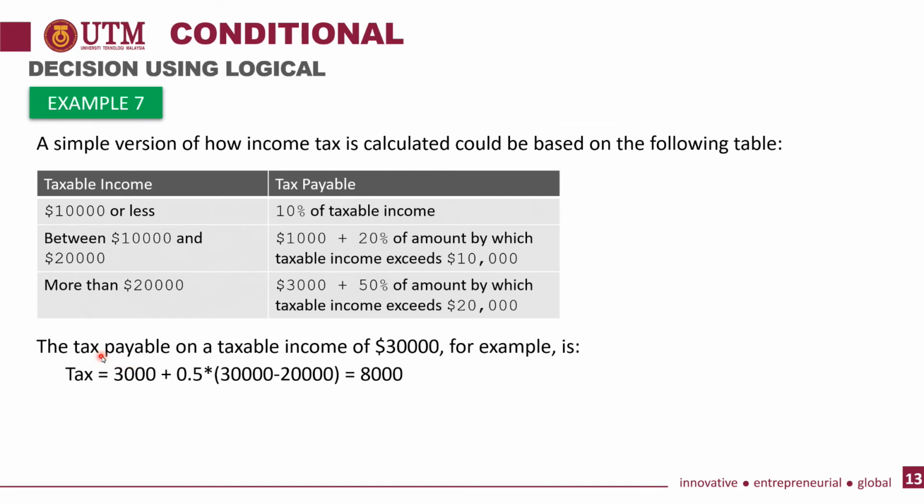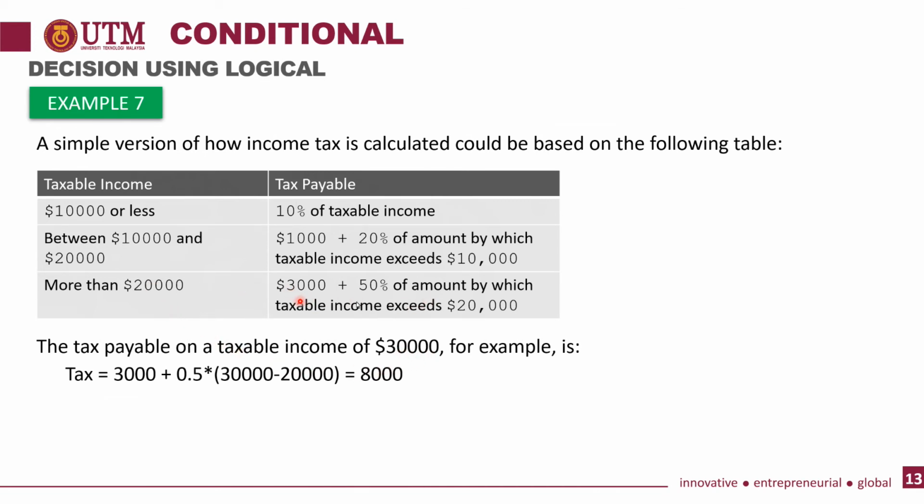If you wanted to find the tax payable on a taxable income of $30,000, which formula do you need? Of course you need to use the one for more than $20,000, because your taxable income of $30,000 is greater than 20,000.